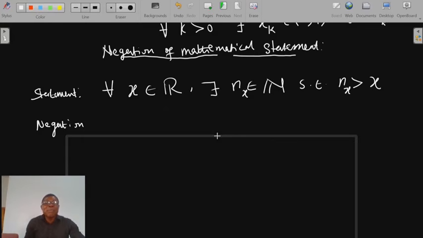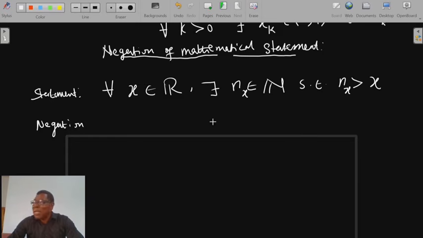So, whenever you give me x in R, we can find n sub x in N, so that n sub x is bigger than x. What would be the negation of this?